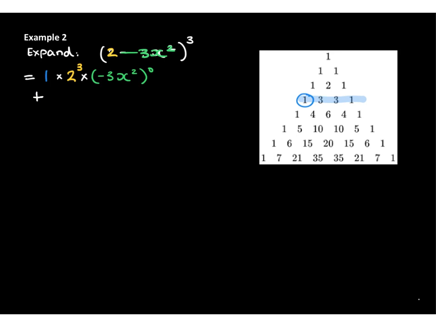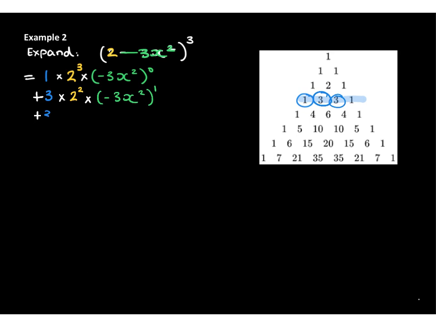So the next term is going to have a binomial coefficient of 3 from Pascal's triangle there. We're decreasing the powers of 2, so this becomes 2 squared. And we then want to multiply by (negative 3x squared) to the power of 1. So the powers of 2 are descending, the powers of negative 3x squared are ascending. Let's keep going.